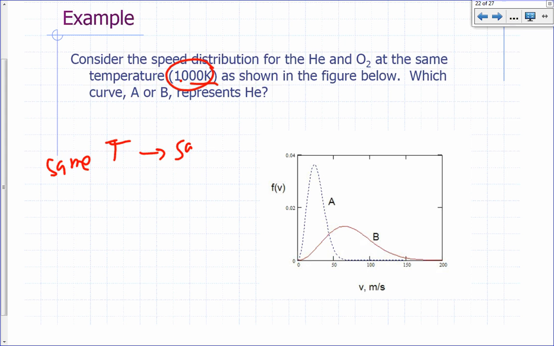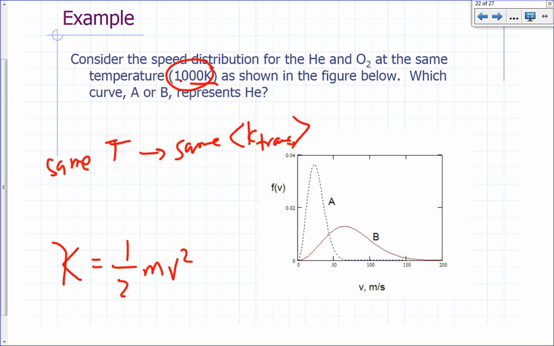That means you're looking at the same average translational kinetic energy. If you have the same average translational kinetic energy, same temperature, which one will be moving faster? What's the formula for kinetic energy? 1/2 mv squared, right?